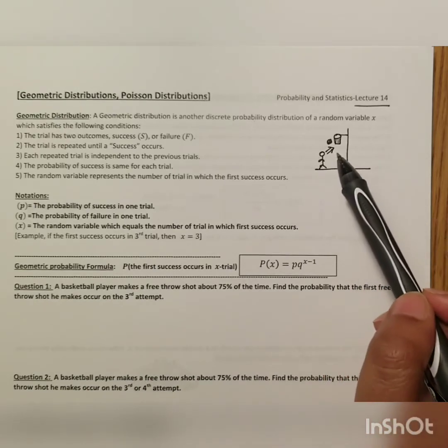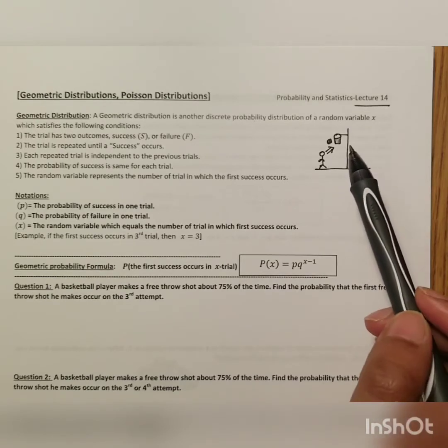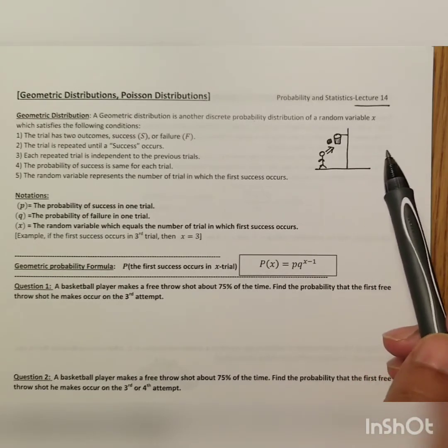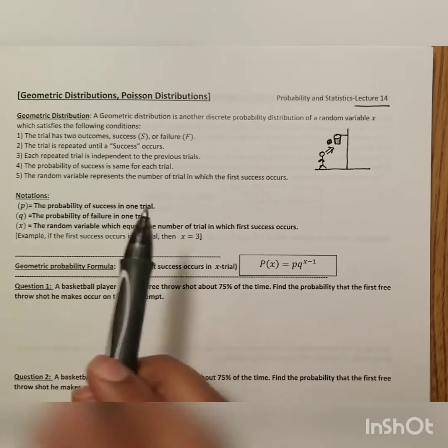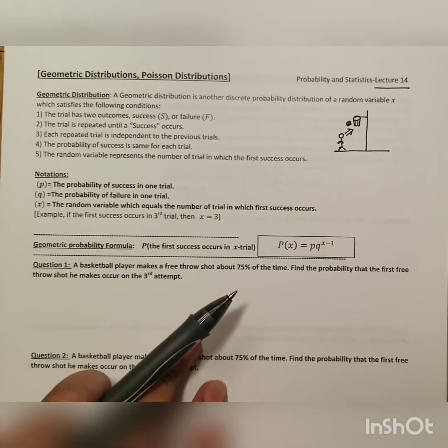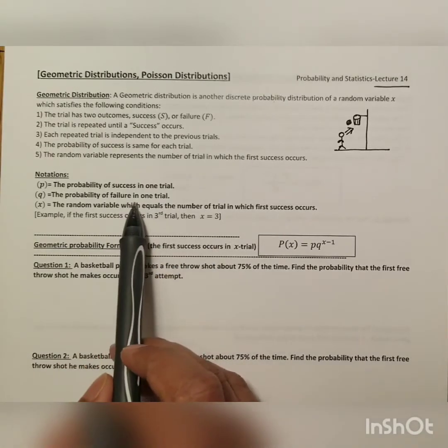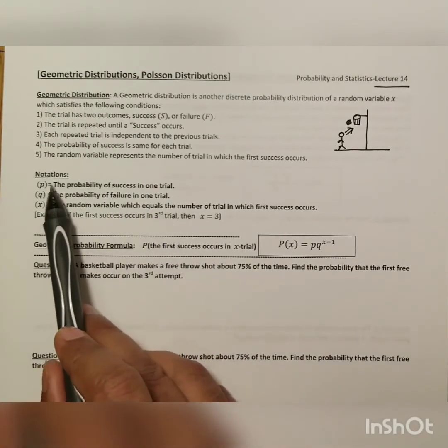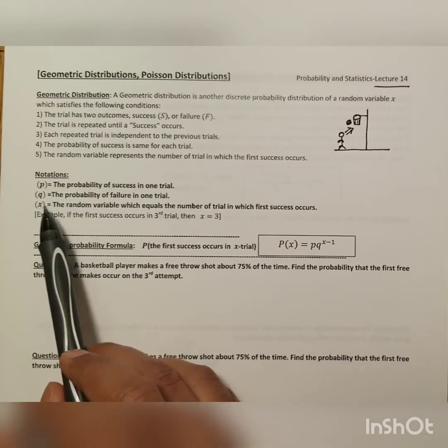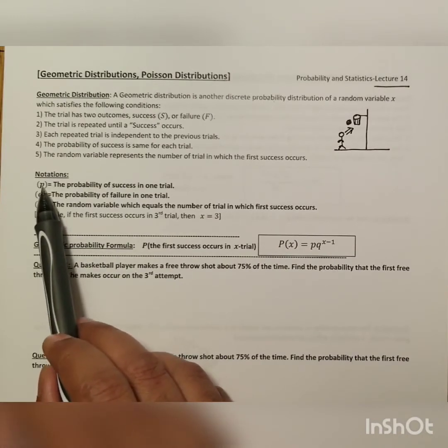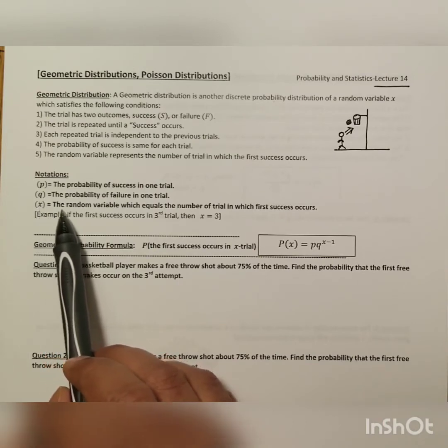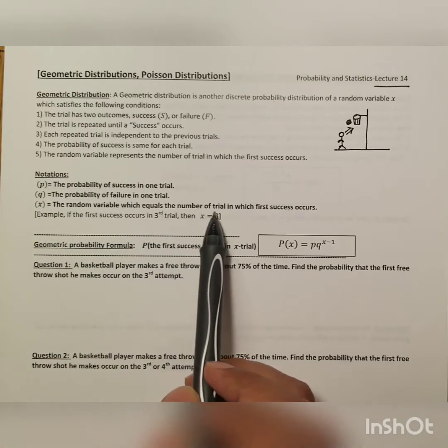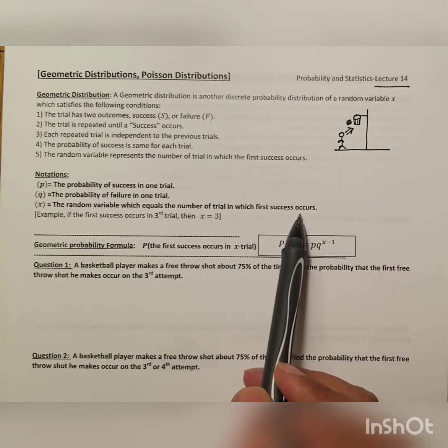So the probability of each trial is denoted by p. And q is the probability of failure in one trial. p and q are the opposite of each other. If p is 90%, q has to be 10%. And x is the random variable which equals the number of trials in which the first success occurs.